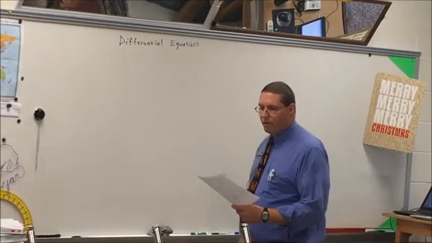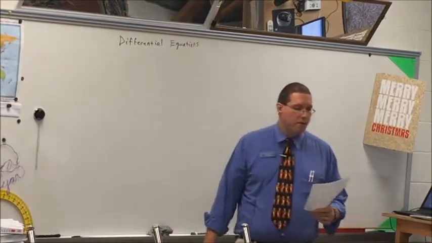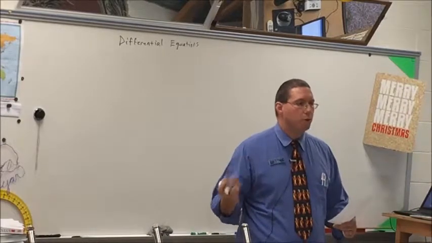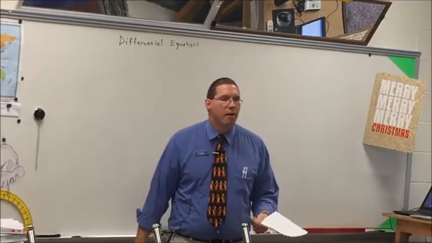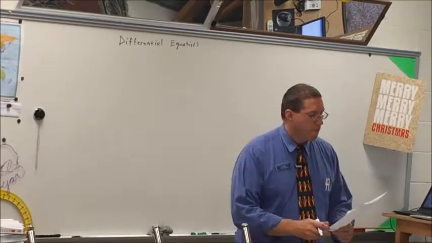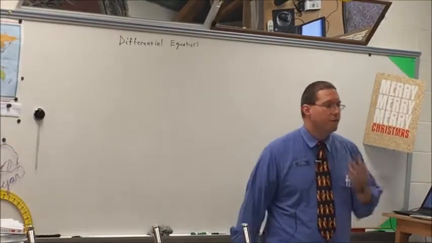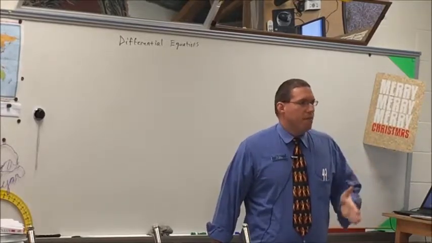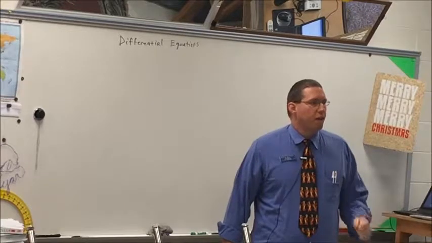It says solving a differential equation usually means finding a particular solution. That's usually what they'll say on the AP exam, they'll say find the particular solution, which is basically the same thing as finding a specific antiderivative. Do you guys remember finding the specific antiderivative of a function?